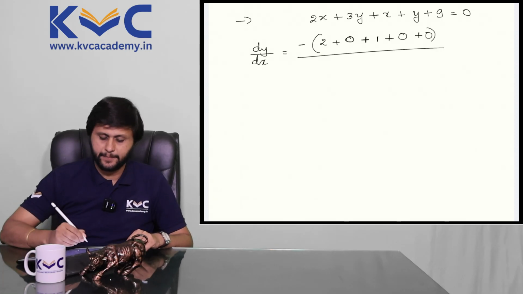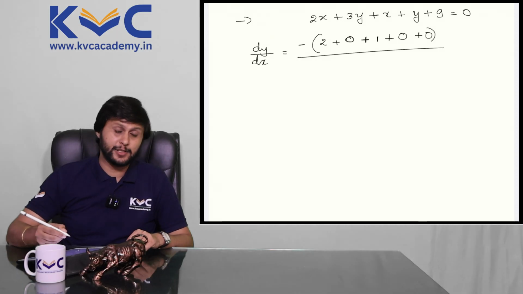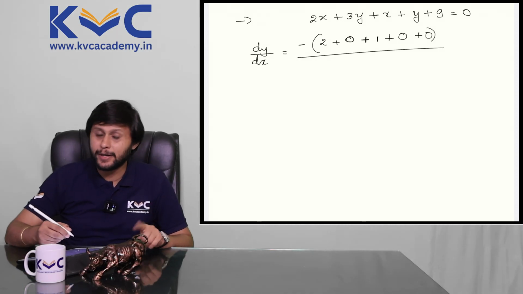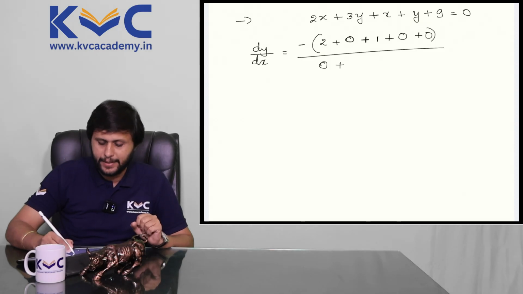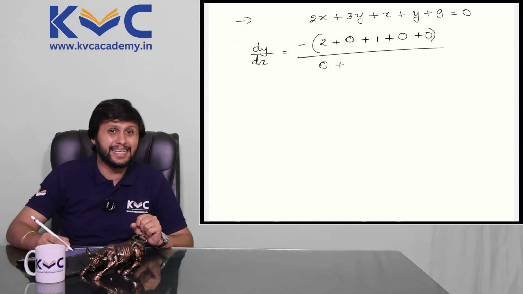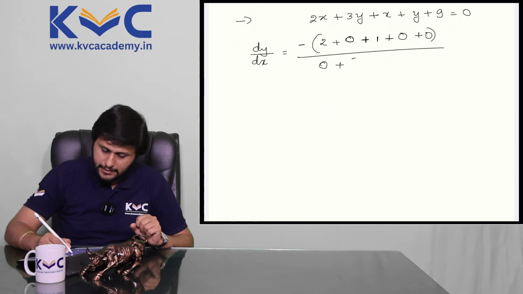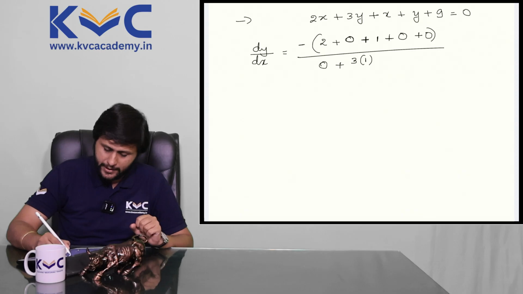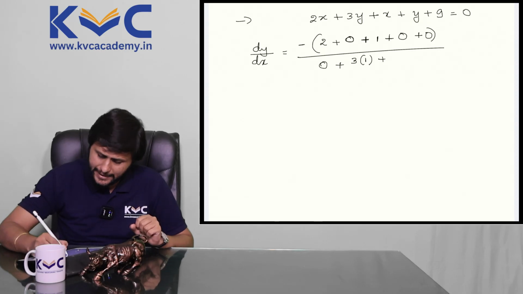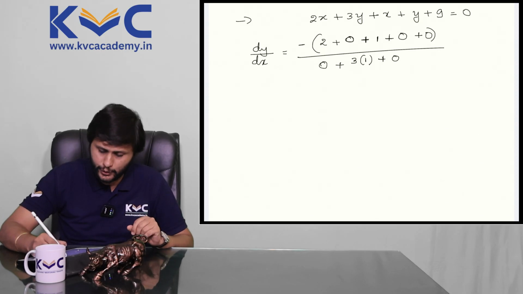All divided by differentiation of 2x, now this time with respect to y, keeping x as constant. So this becomes 0 plus differentiation of 3y. 3 is constant, keep it outside. Differentiation of y is 1, plus differentiation of x, x is a constant, 0.